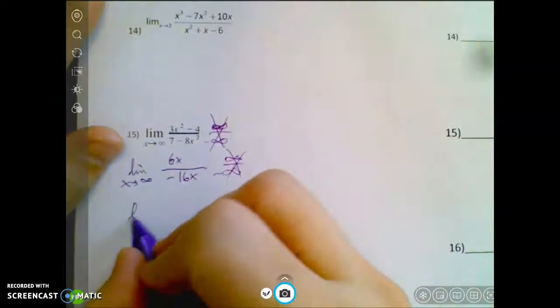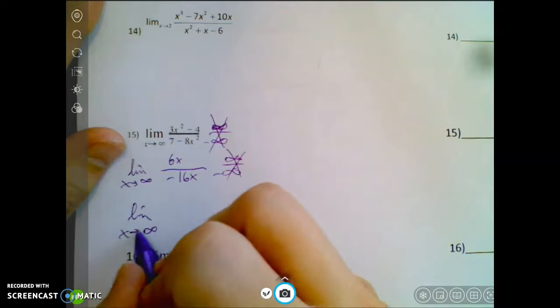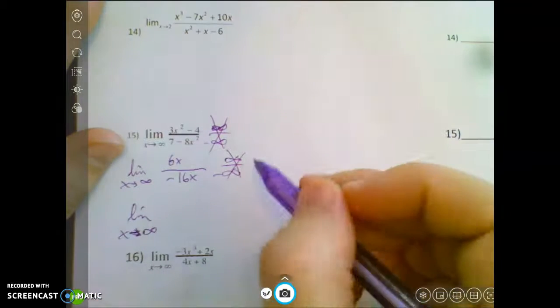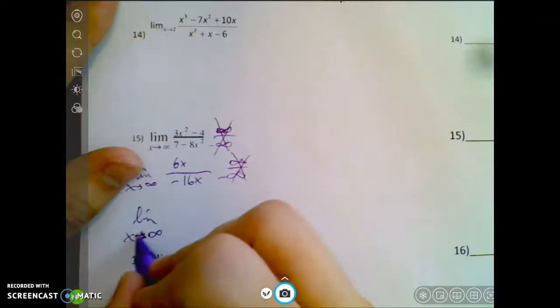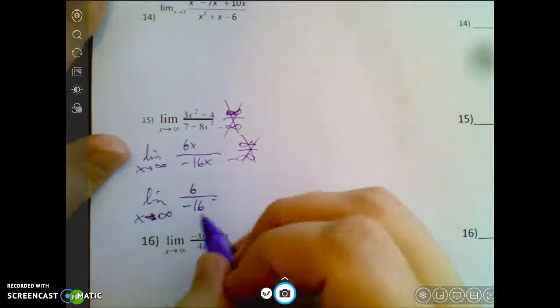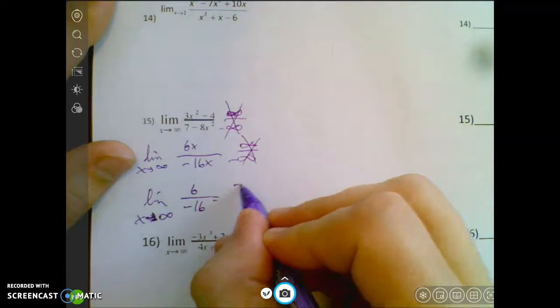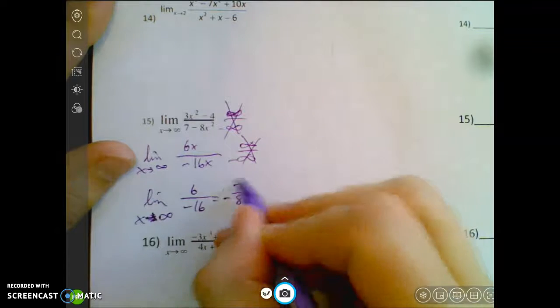So you just do it again. That's what's cool about L'Hopital's rule. If you ever get infinity over infinity or 0 over 0, you can just take the derivative of the top and the derivative of the bottom, and then plug in your number. Now here, see how there's no more number to plug in, so I'm left with negative 3/8.